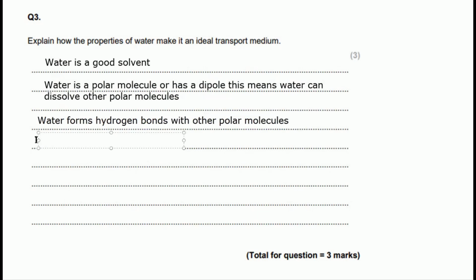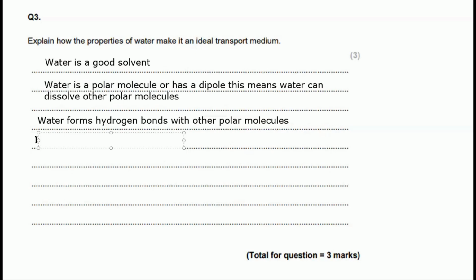So if you think of all the useful molecules in your body, amino acids, they're needed to build skin, muscle, hair, enzymes, hormones. Amino acids, of course, are the monomers that make up proteins. So it's very useful that amino acids are polar, and the transport medium for our body, which is water, is also polar, because it means the water can form hydrogen bonds with amino acids, and we can transport amino acids anywhere we want in the body.